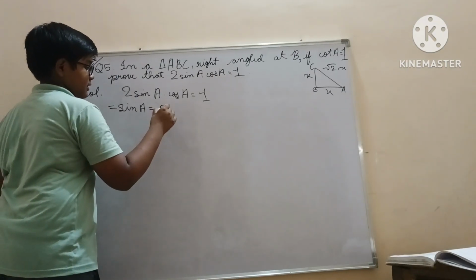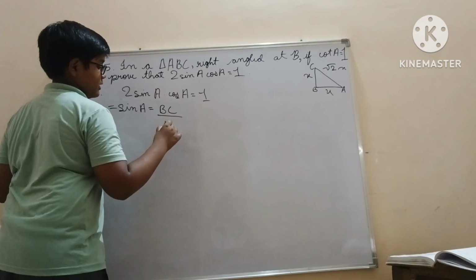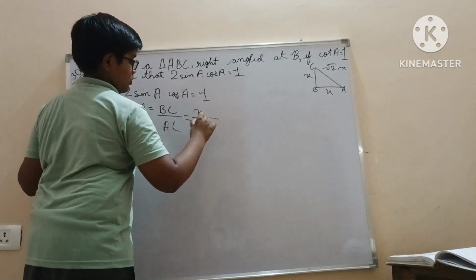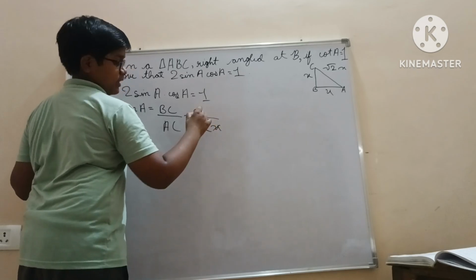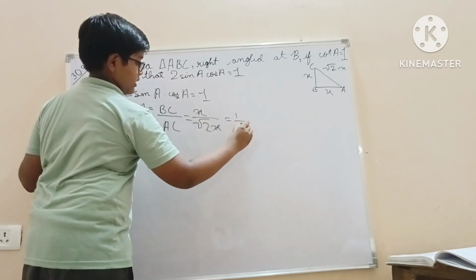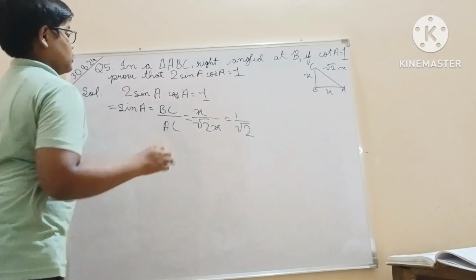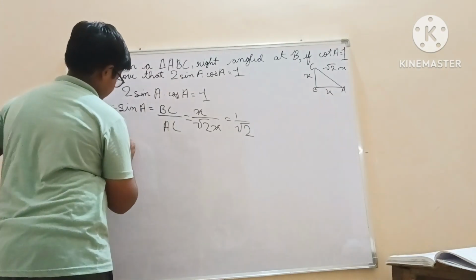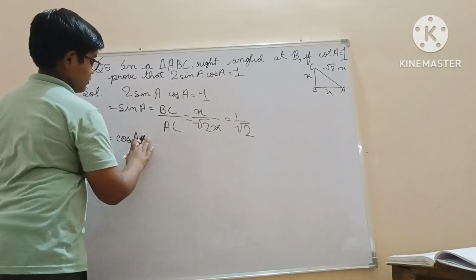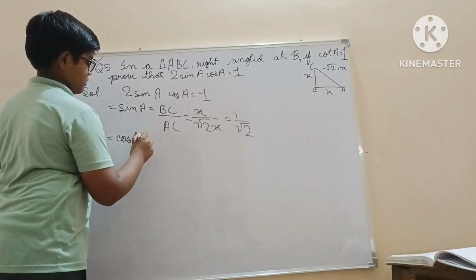So our height is BC, hypotenuse is AC, so it will become BC, which is x, upon root 2 x. x and x will get cancelled and we will get our value of sin A as 1 by root 2. Now we will get the value of cos A in order to prove this equation.